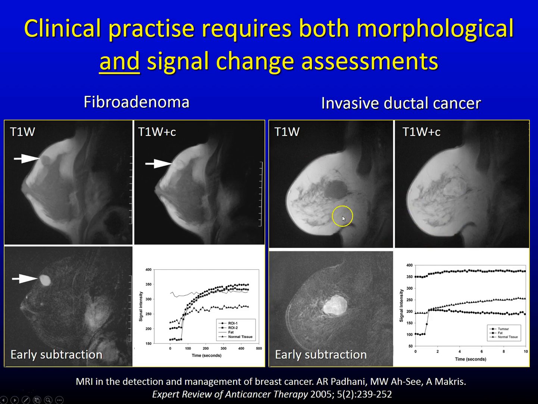This superficially looks the same, but you can see there is internal heterogeneity. You've got a type 3 curve, and this is clearly a different type of mass lesion with irregular margins. This is an invasive ductal cancer.